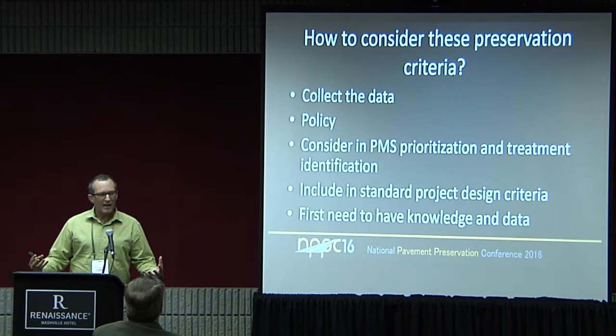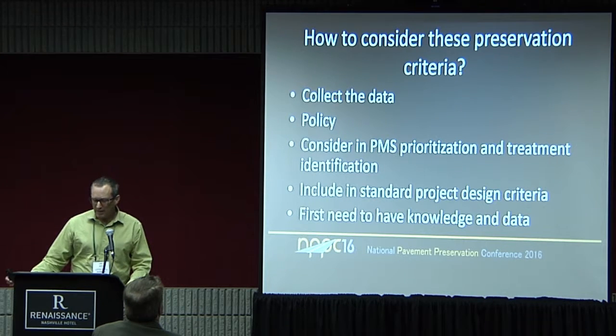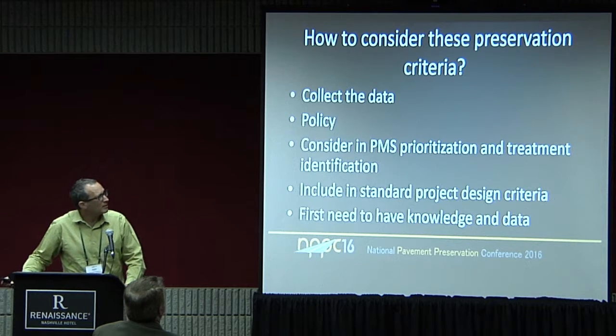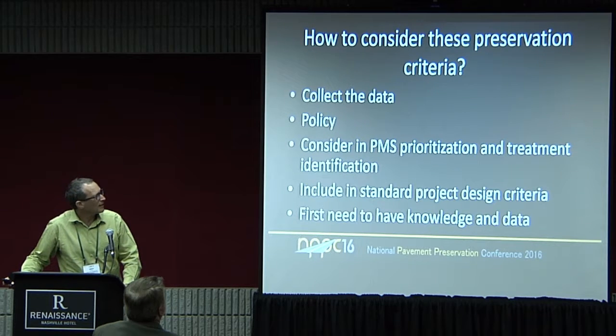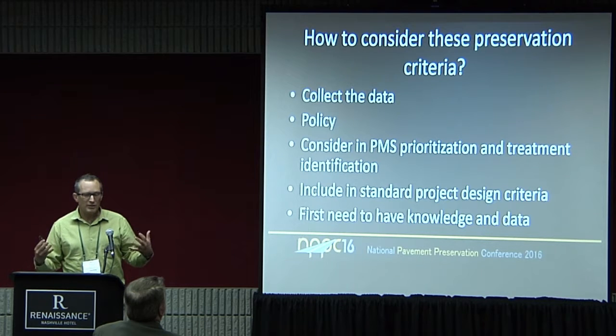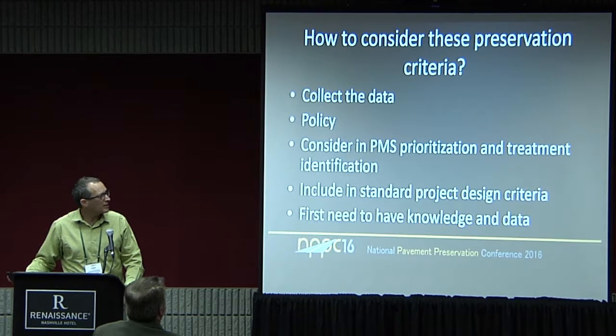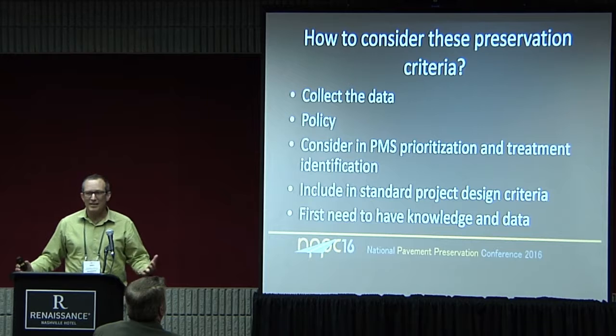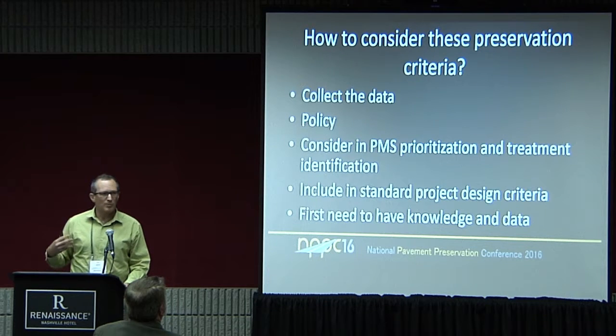Once we have good data, we can do data-driven policy making, consider it in our pavement management system prioritization and treatment identification, and bring this into our standard project design checklist, particularly for local government, but for our lower volume bicycle safe state routes. The key thing is that if we're going to consider this, we first have to build that knowledge and database.